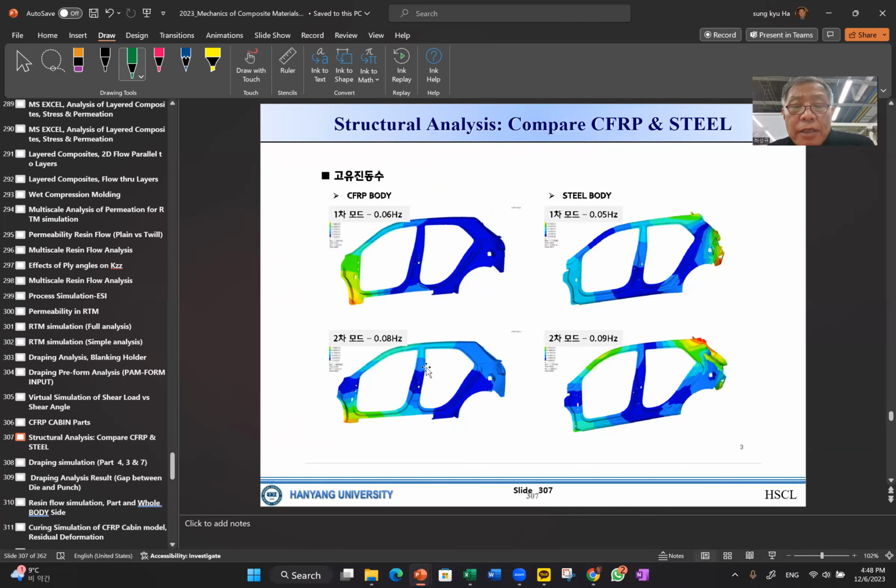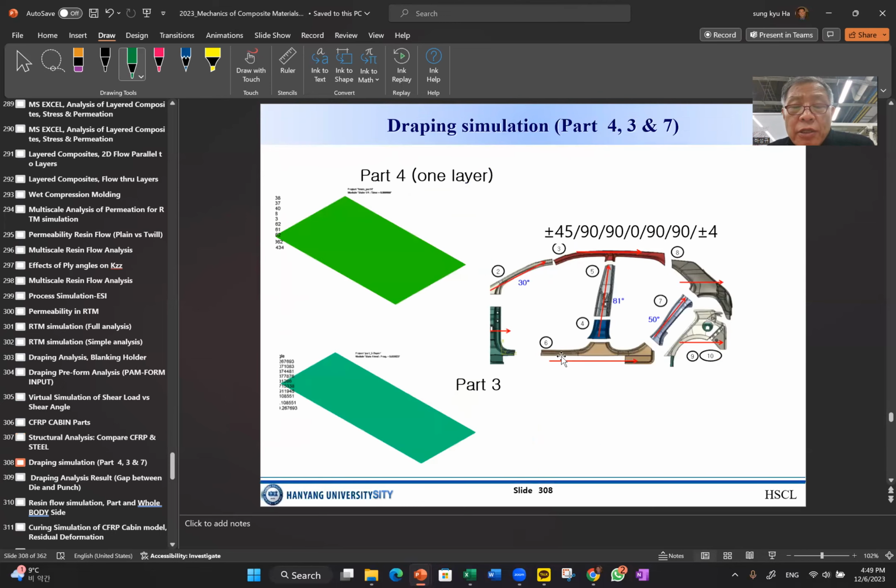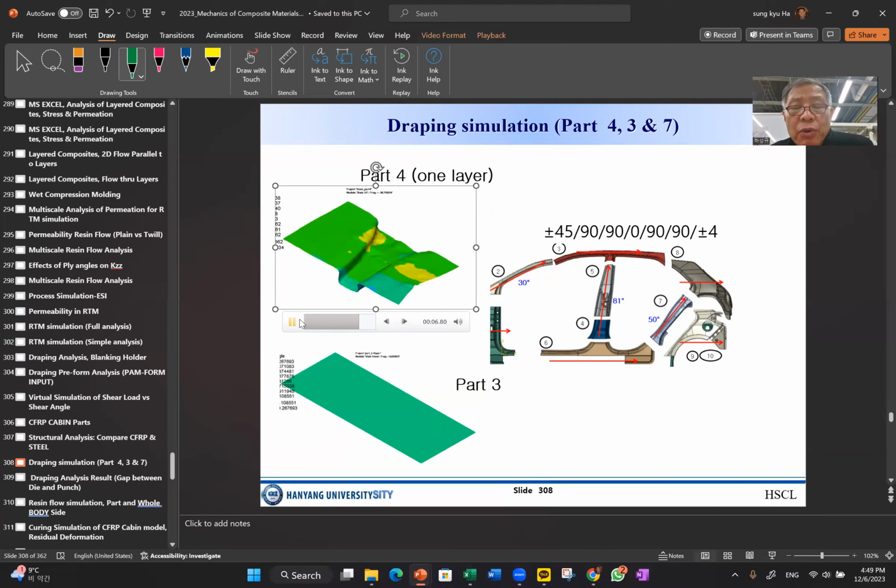Of course this is structural analysis, but the next step is that we do draping. Draping means the fabric is shaped and put over the mold. There is no resin, just draping the shape. This draping analysis is important because the layup sequence will give us the final layup angles.